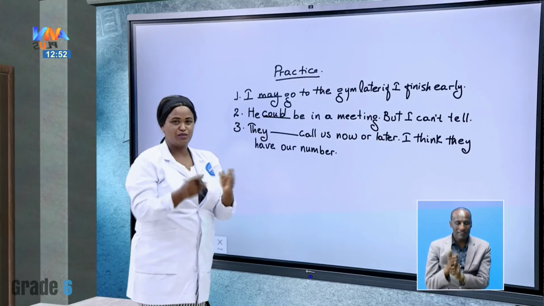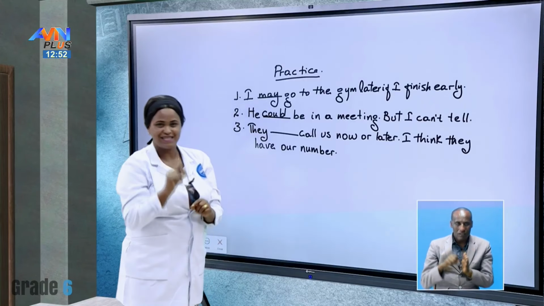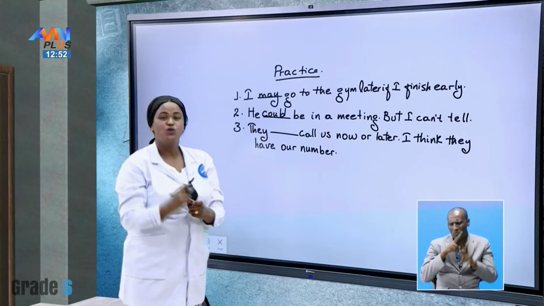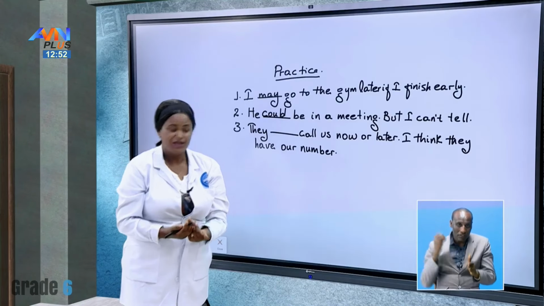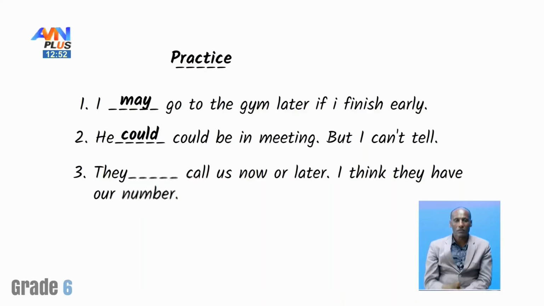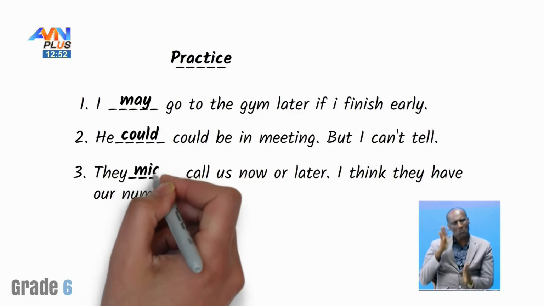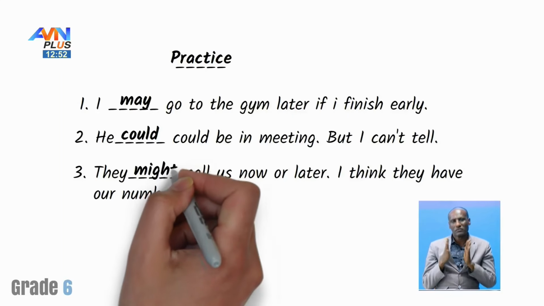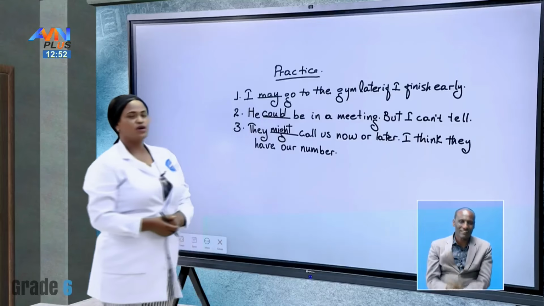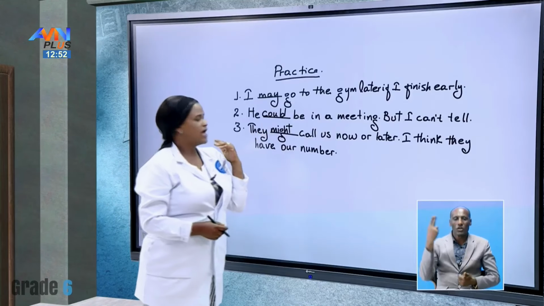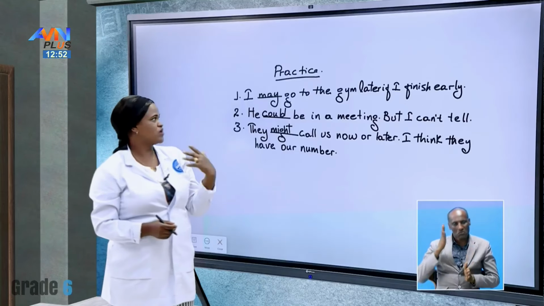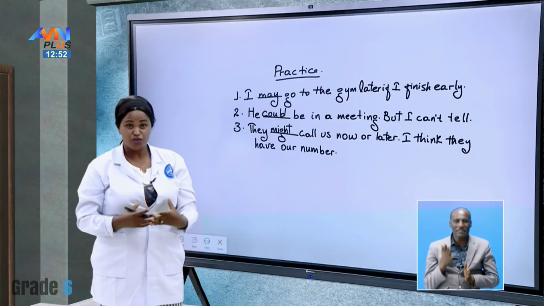So the possibility is very little, a slight possibility, which is less than 40 degrees. Perfect. So what do you say? If you say might, that means you have got the correct answer. So this is how we use may, could, and might to express possibility and probability.